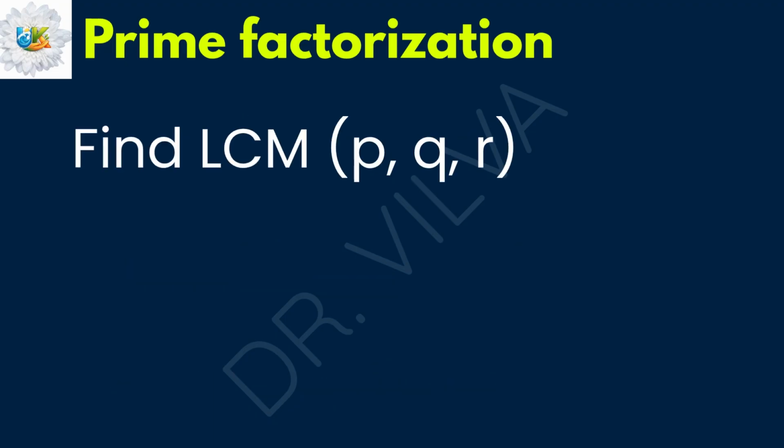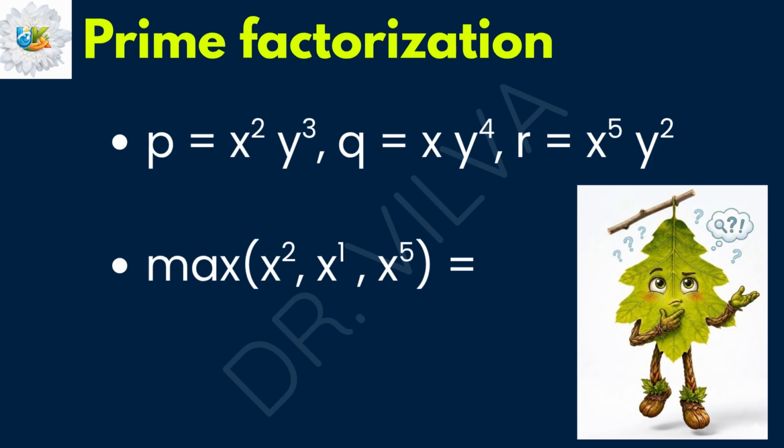Next, we find the LCM. For LCM, we do the exact opposite. We take the highest or maximum power of every prime factor involved. Let us check x again.